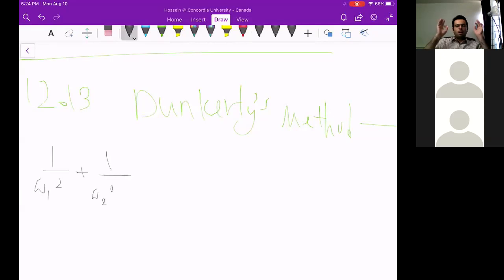So this approach says that if we construct the equation of motion m x double dot plus k x equals 0, rather than writing k, I multiply by a inverse.